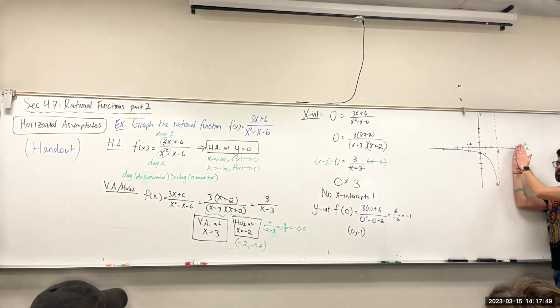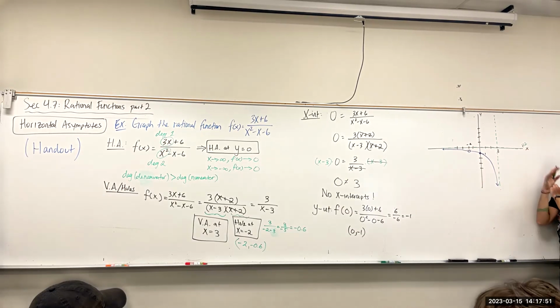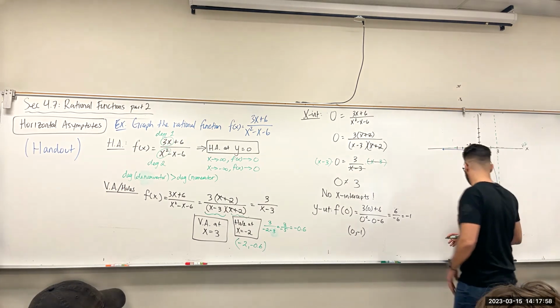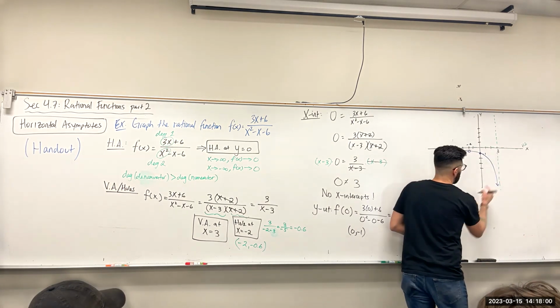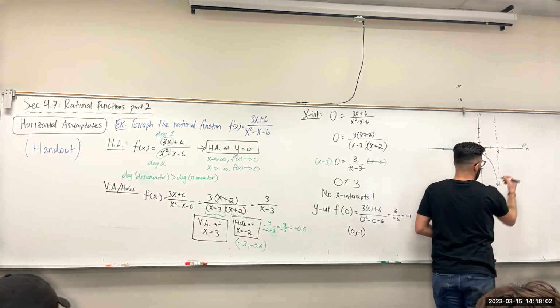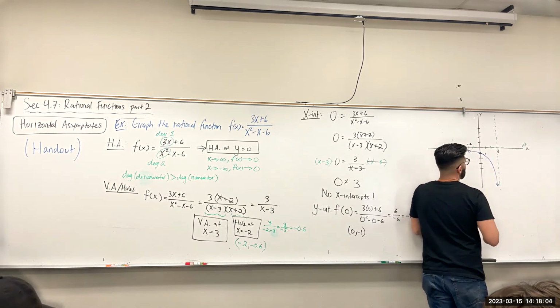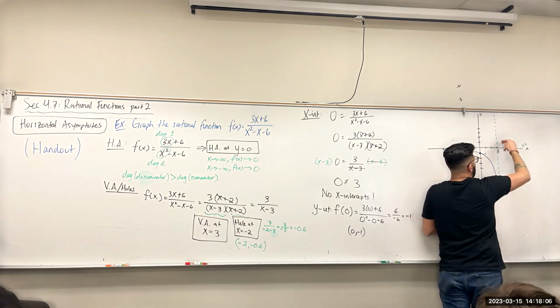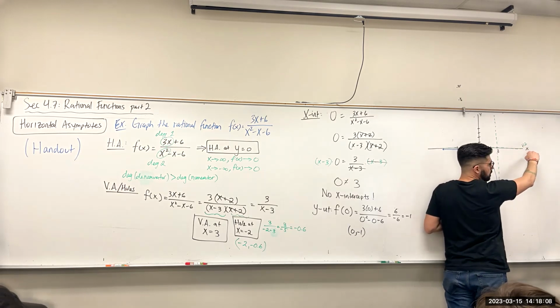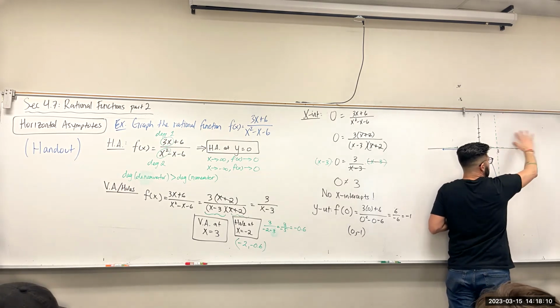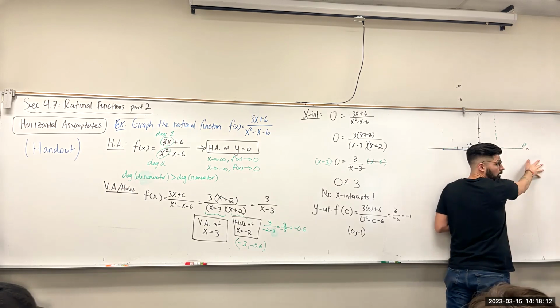Then there are the x values on the right side of 3. We don't know anything about that. So here's where you have to actually plug in some points and get a feel for it. To figure out if the graph is on the top or the bottom, can it cross the x-axis and do some funky business? No, so it's either going to be on the top or the bottom.